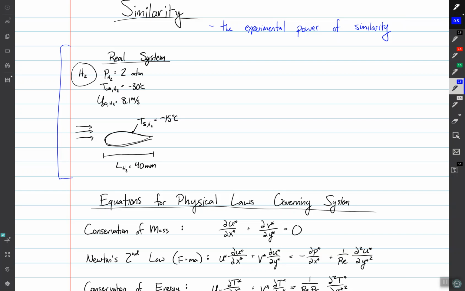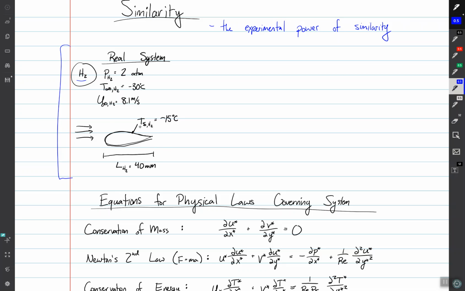Say this is part of a hydrogen combustion turbine. So your gas over here is hydrogen. It's at 2 atmospheres of pressure, so not super high pressure. It's at very low temperature, minus 30 degrees C, and it's moving with a velocity of u infinity, which is 8.1 meters per second. And this hydrogen flows over top of whatever shape thing this is.